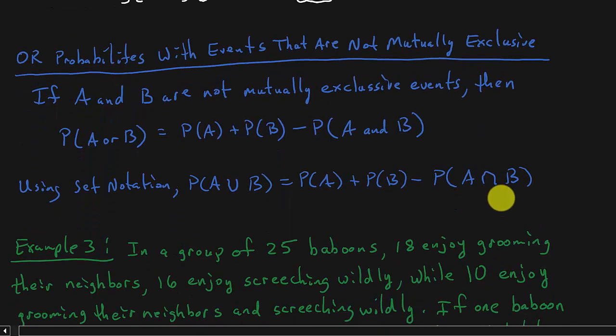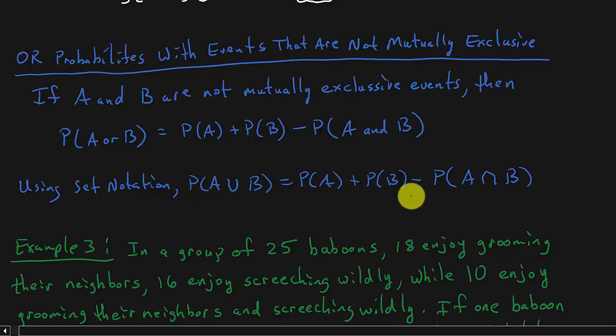Now, what about OR probabilities with events that are not mutually exclusive? So if A and B are not mutually exclusive events, then the probability of A or B is equal to the probability of A plus the probability of B minus the probability of A and B, minus what they have in common.